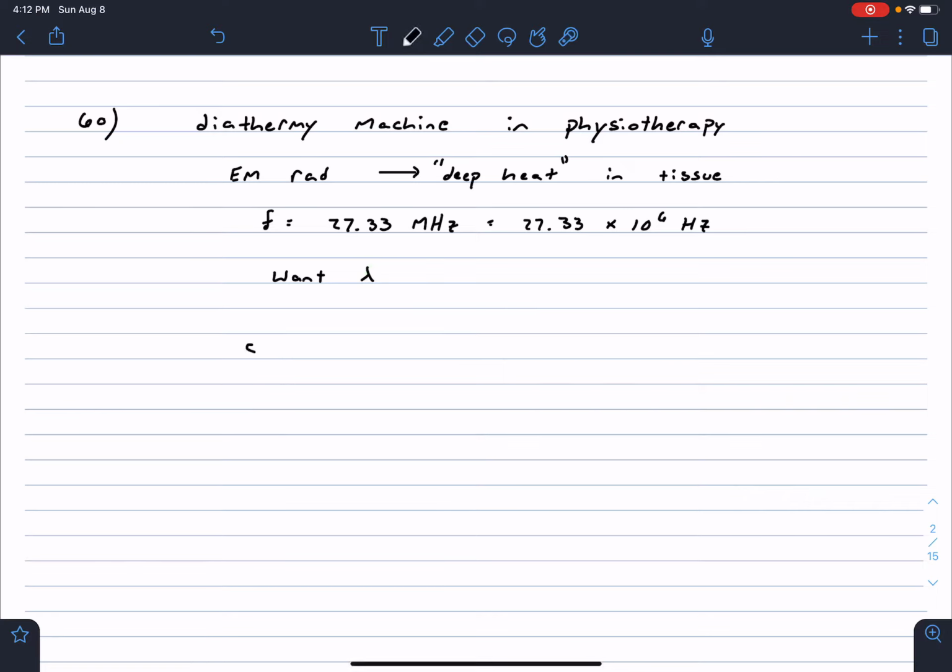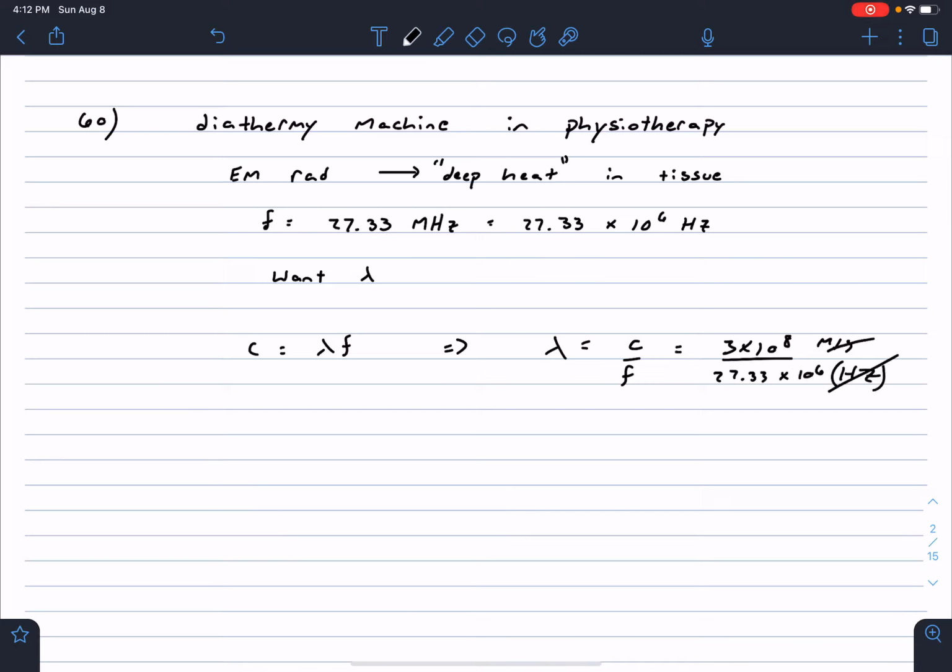We use our formula. C is equal to lambda times f. Lambda is equal to C over f, which in this case is 3 times 10 to the 8 meters per second over 27.33 times 10 to the 6 hertz, which is 1 over seconds.